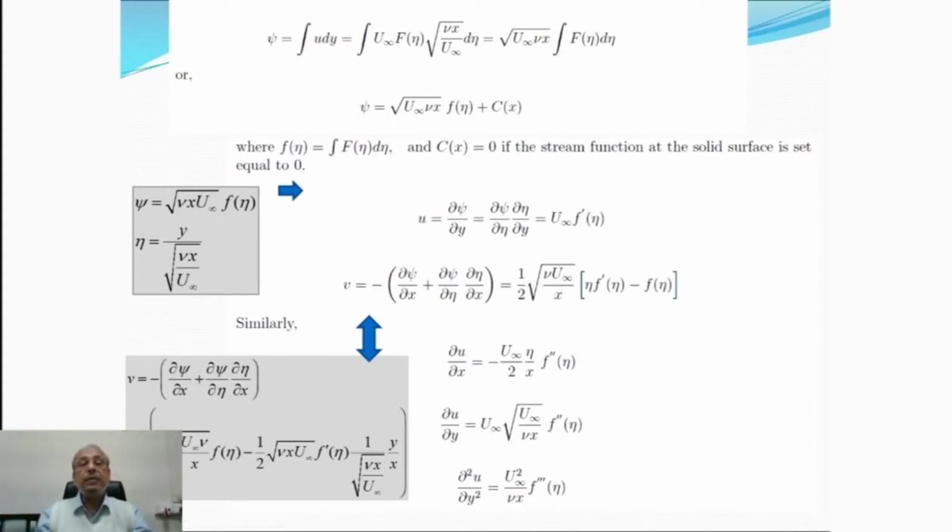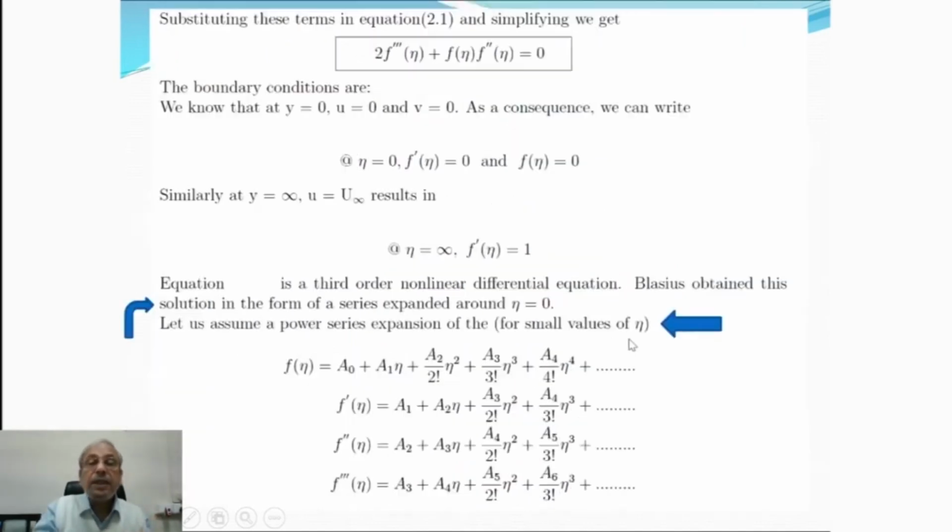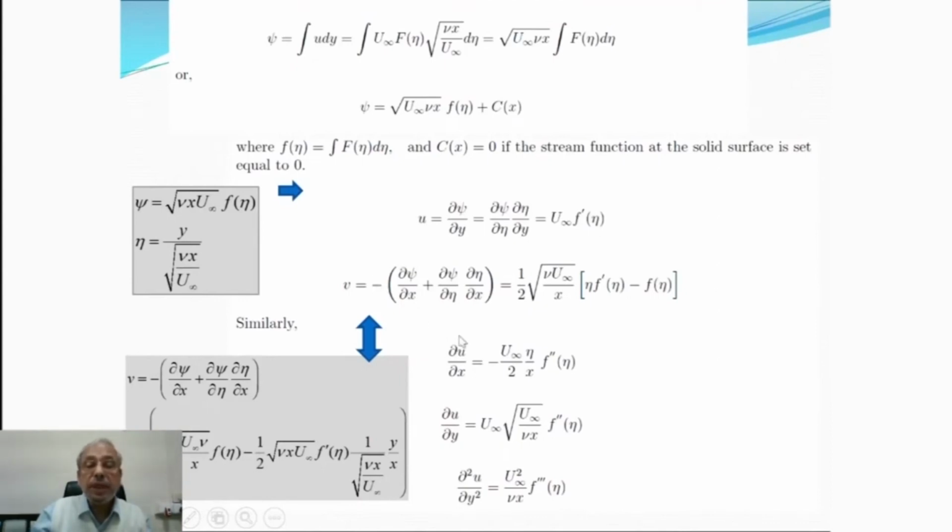So we have evaluated all the terms involved in the boundary layer equation term by term with respect to psi and eta variables. Because we have found out u, v, del u del x, del u del y, del 2u del y2, so in the governing equation u del u del x plus v del u del y equal to nu del 2u del y2, all the terms are available.